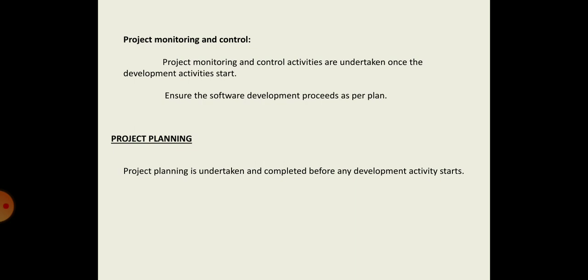The aim of project monitoring and control activities is to ensure that the development proceeds as per plan. But the plan needs to be changed whenever it is required to cope with the situation at hand.